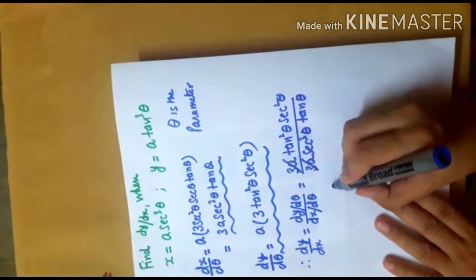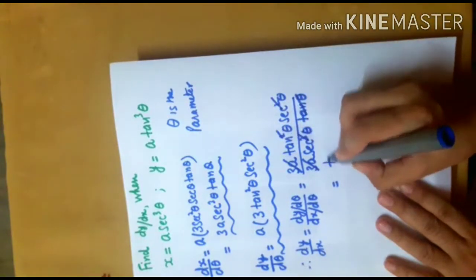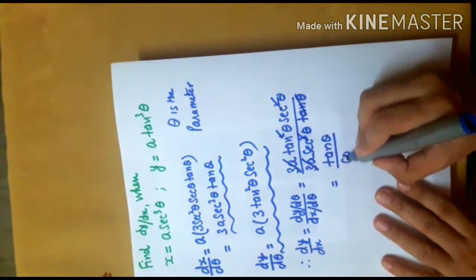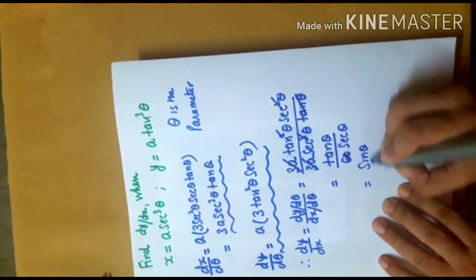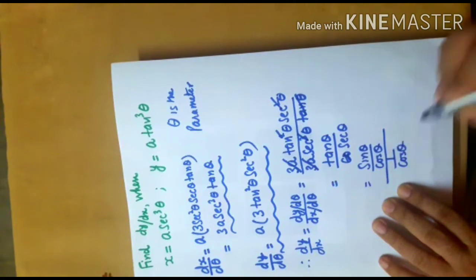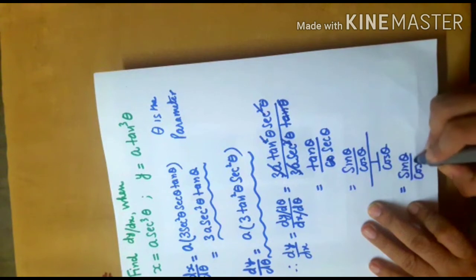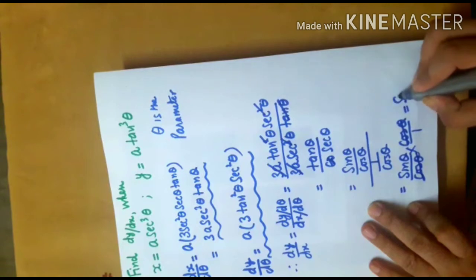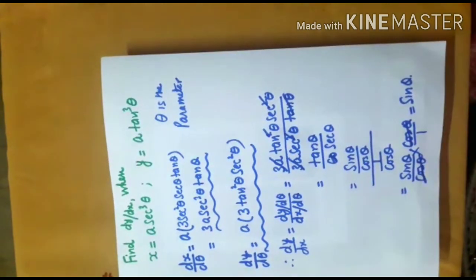This will get cancelled out. This will get cancelled out. This will get cancelled out. So I'm left with tan theta over secant theta, which is sin theta by cos theta over 1 by cos theta. So it can be written as sin theta by cos theta into cos theta by 1. This is sin theta. So dy by dx is sin theta.